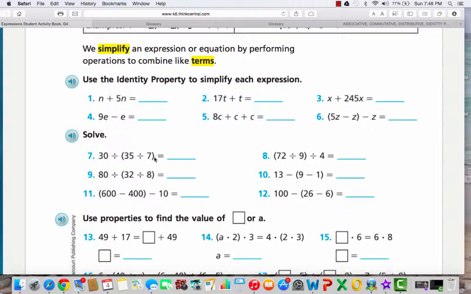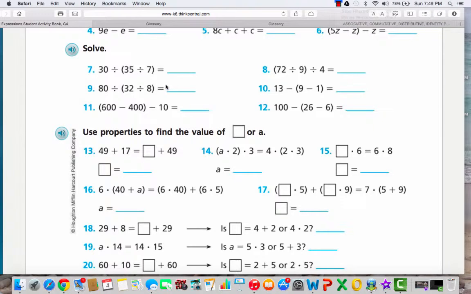So the first thing that you need to do is do this expression first. 35 divided by 7 would be what? 5, correct. So then you would have a 5. 30 divided by 5 would equal 6, because 6 times 5 is 30. So you can try 8, 9, 10, 11, and 12 on your own and see what you get.